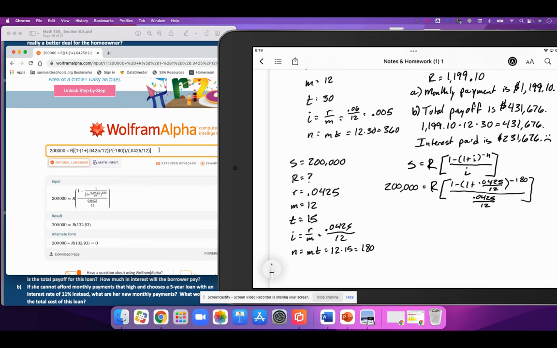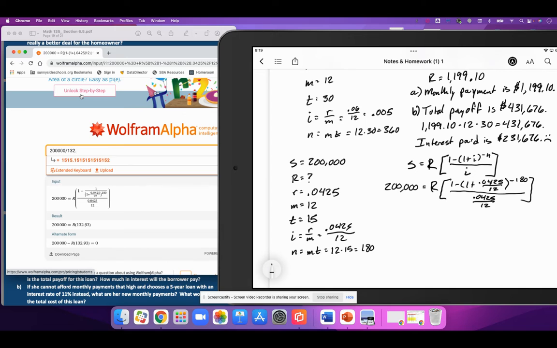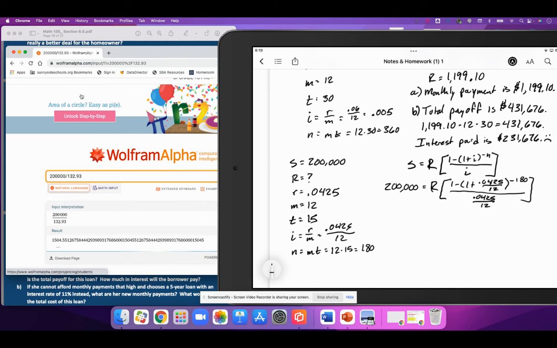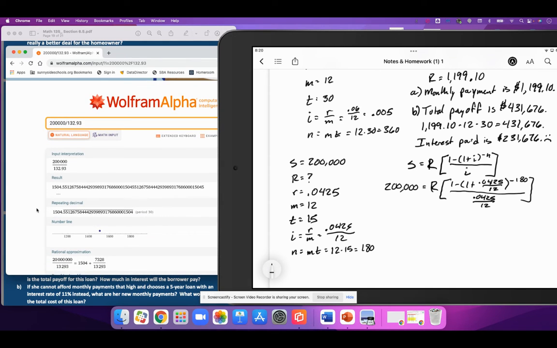Anyway, let's figure out what the monthly payment's going to be. We got to go ahead and divide like we do. 132.93. We end up with a monthly payment of 1,504.55. So R equals 1,504.55.